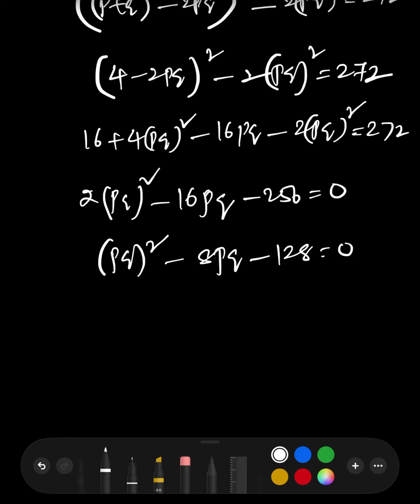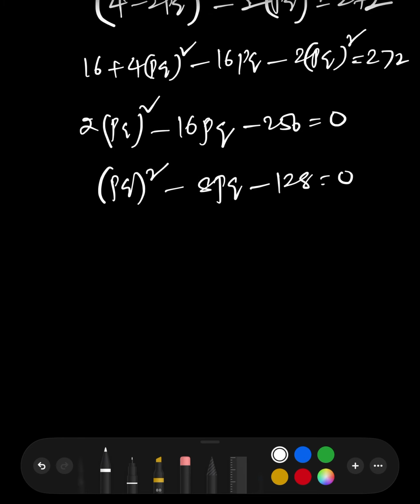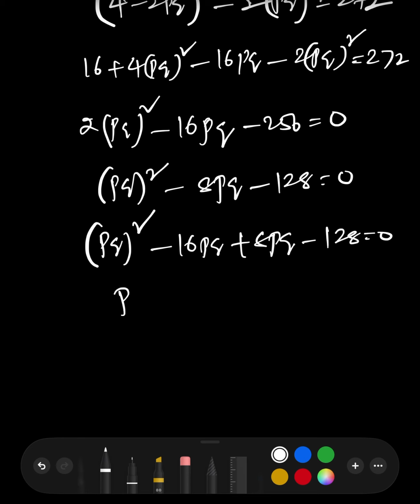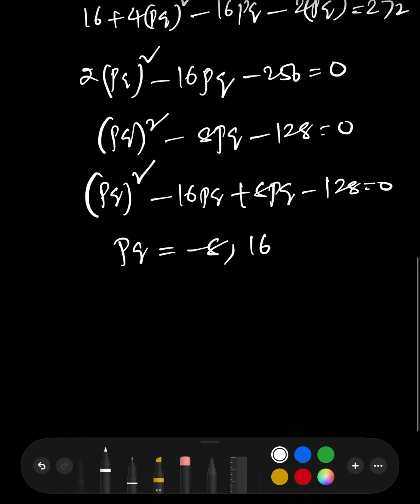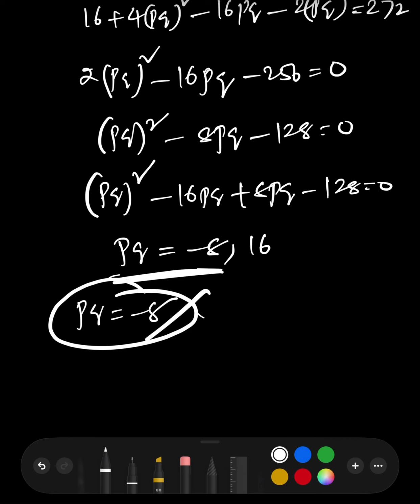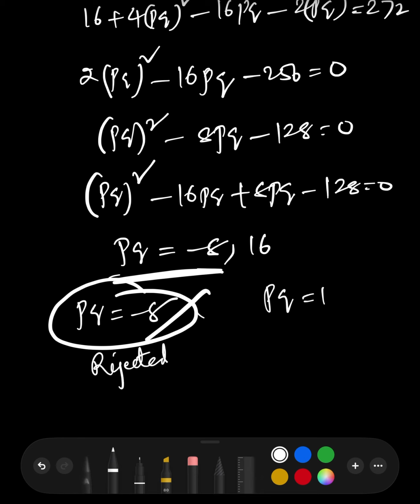Now, 16 times 8 is 128, so it is (PQ) whole square minus 16 PQ plus 8 PQ minus 128 equal to 0. Clearly PQ will be minus 8 or 16. According to the question, P and Q are real quantities, so PQ equal to minus 8 is neglected and straight away rejected, and PQ equal to 16 is what we have got.